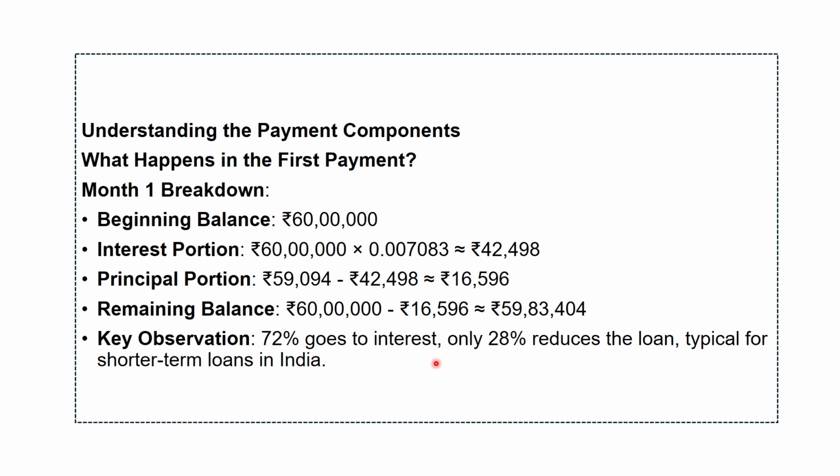Now, the key observation is that 72% of the payment covers interest, and only 28% reduces the loan, typical for a 15 year loan in India.